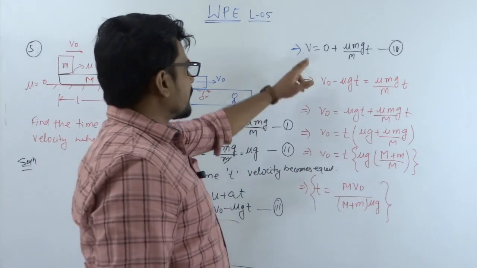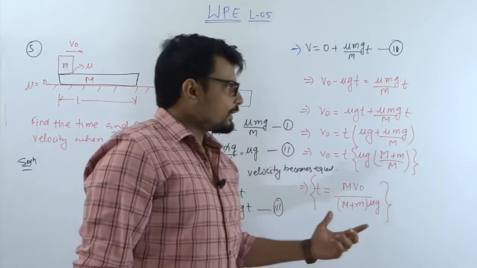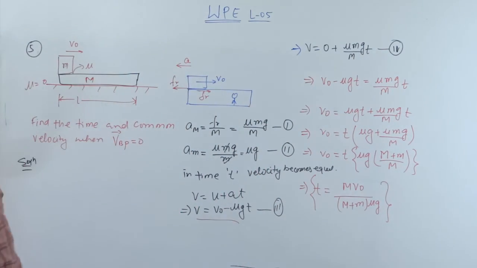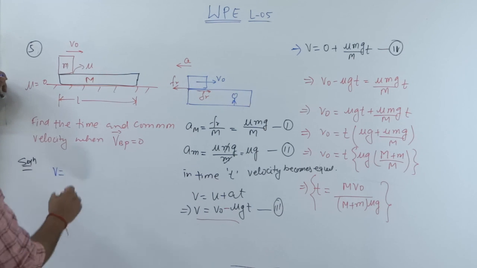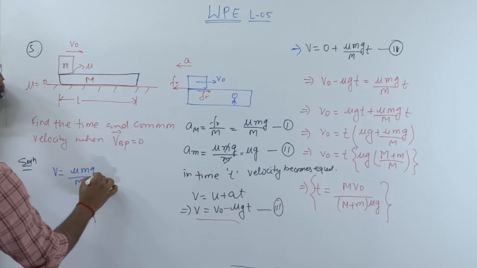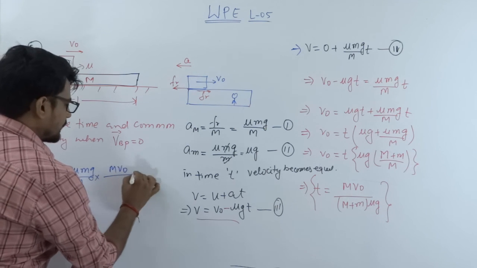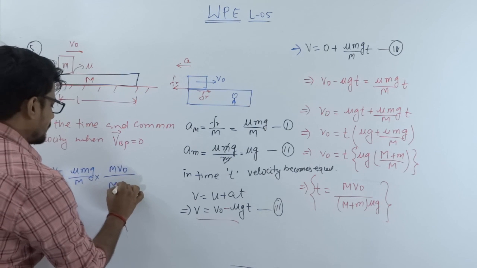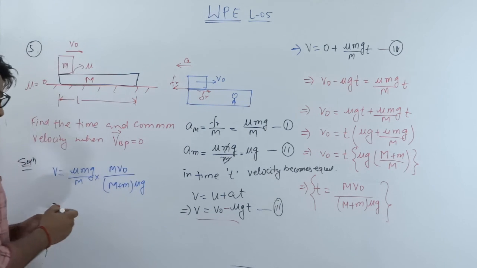So this is the time in which they would attain a common velocity of v. और common velocity v निकालने के लिए क्या करेंगे अभी? I'm going to replace the t with this value. अपने को common velocity easily मिल जाएगा. So that common velocity should be mu mg upon the capital M. टाइम की वैल्यू कितना है? Capital M v naught upon capital M plus small m times of mu g. कुछ cancellation हो रहे हैं क्या?